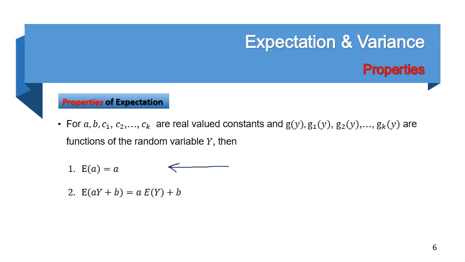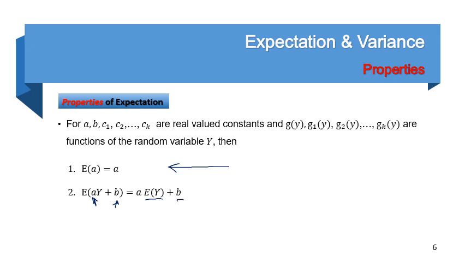Then if you multiply each y by a value a and then add b to all of them, your expectation can be like this. You get the a out and multiply by the expected value of y, then plus b.